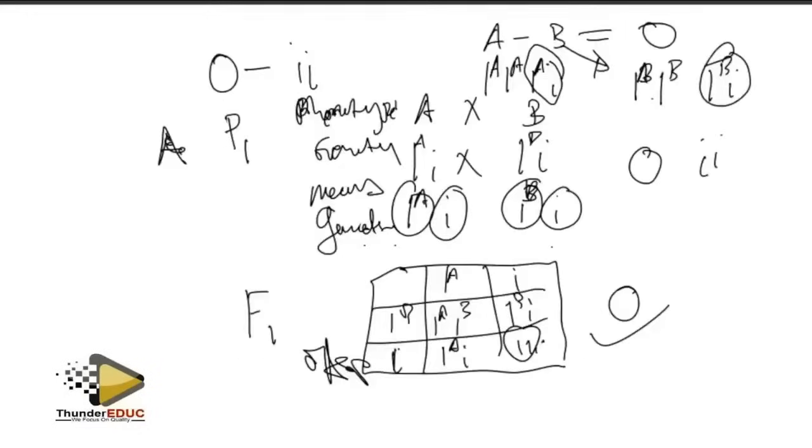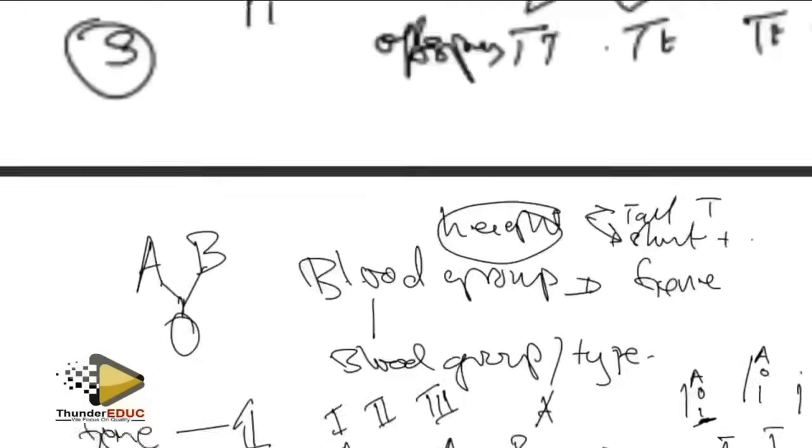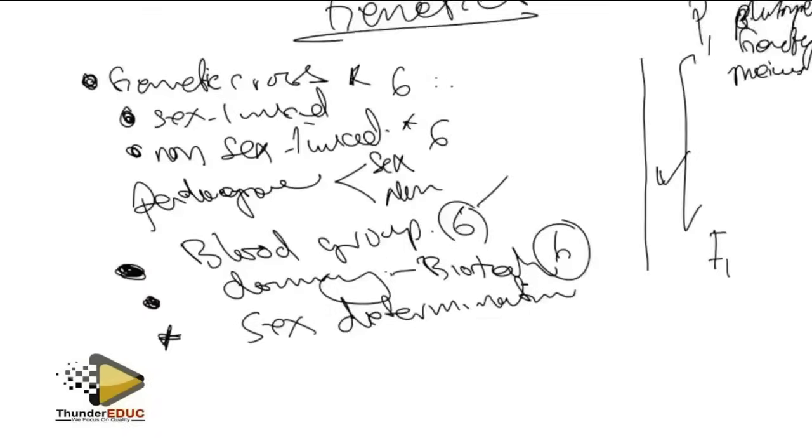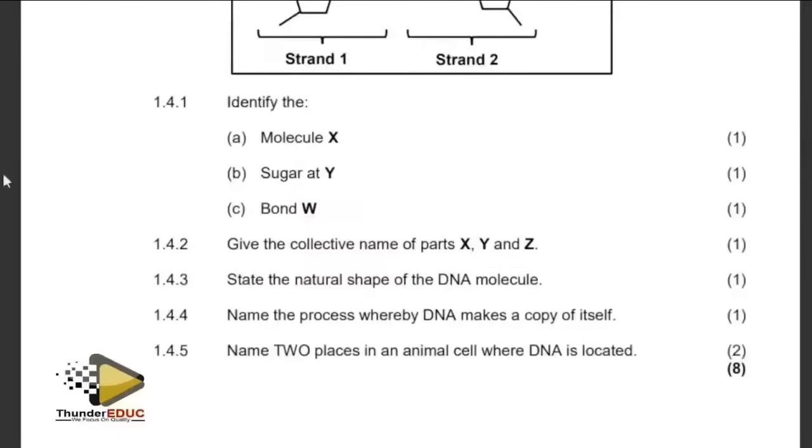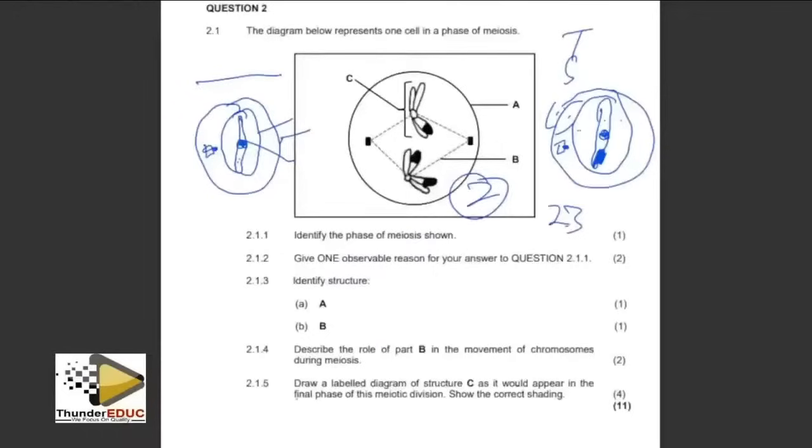Let's go on. We talked about the blood group. I'm coming back with cloning. Let me give you one question to practice, because I just want to go for 2 or 3 minutes.